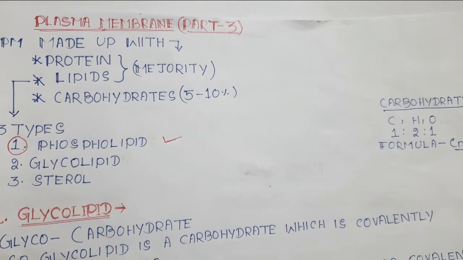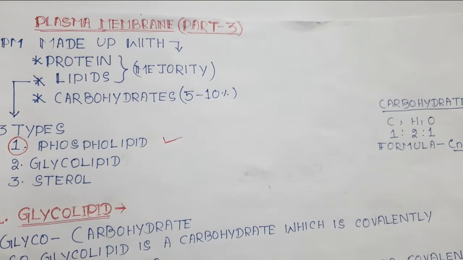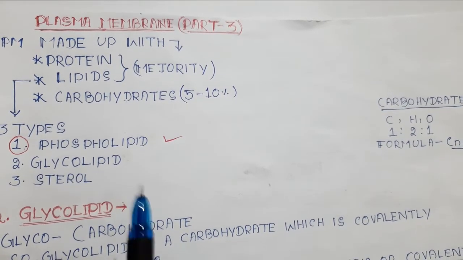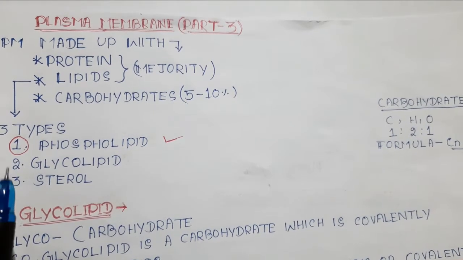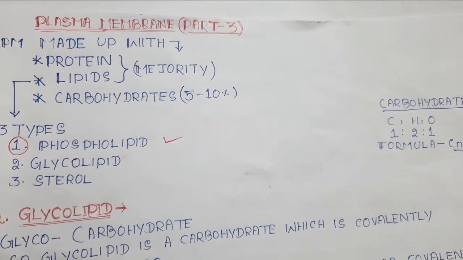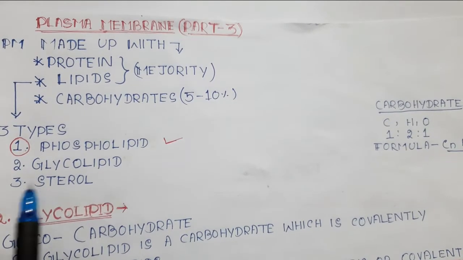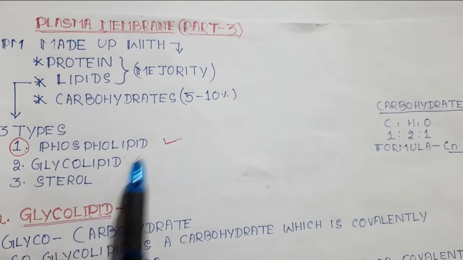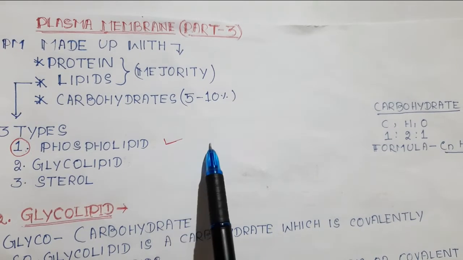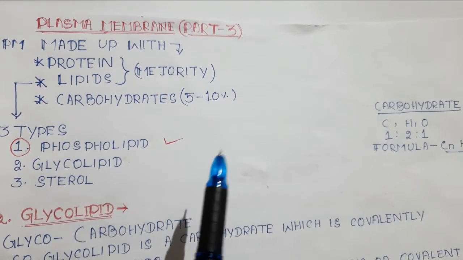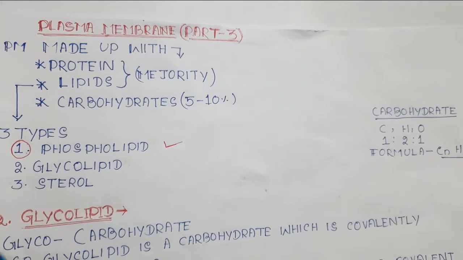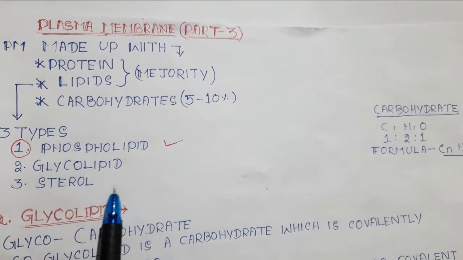We already know from our previous video that three types of lipid are present in the plasma membrane: phospholipid, glycolipid, and sterol. Phospholipid we covered in our previous video. Today we will see glycolipid and sterol.